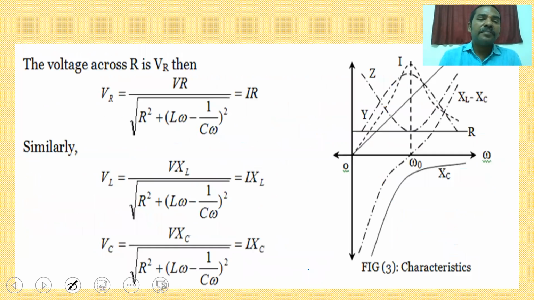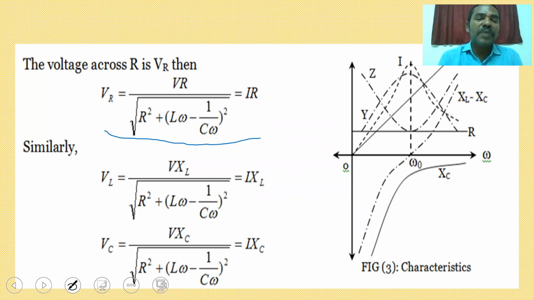From that, the voltage drop across the resistor is I into R, so V into R divided by root of R square plus (L omega minus 1 by C omega) whole square.